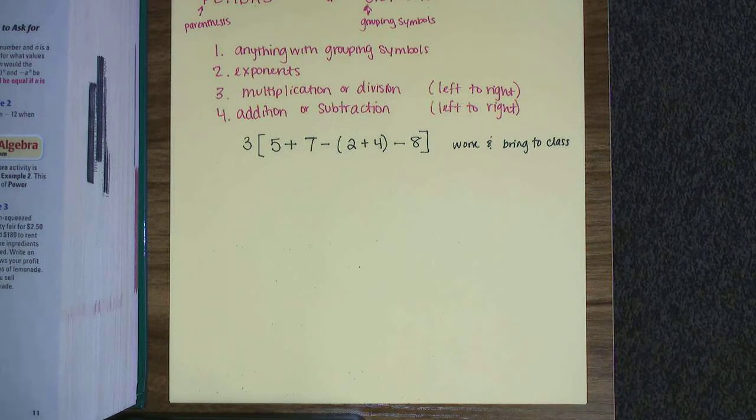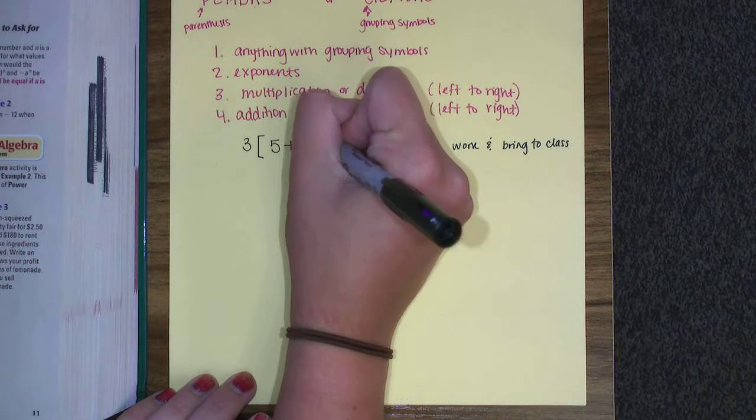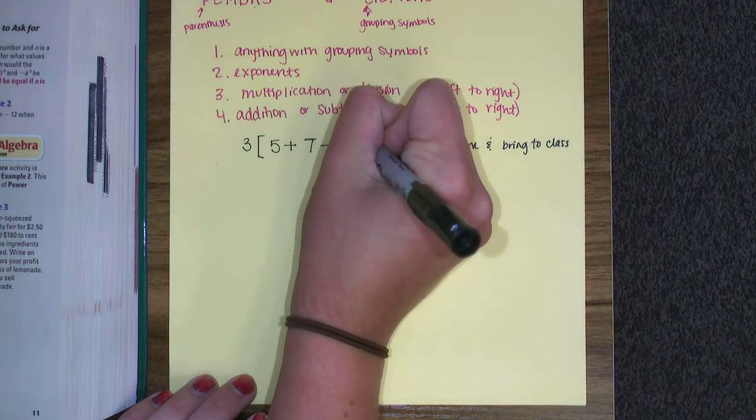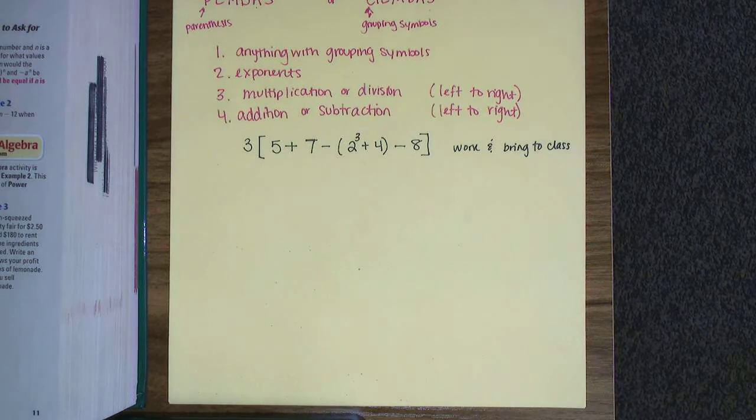Actually, to add another layer of difficulty, let's cube the 2. We add in a little bit of everything here. We'll do some more review with that stuff in class.